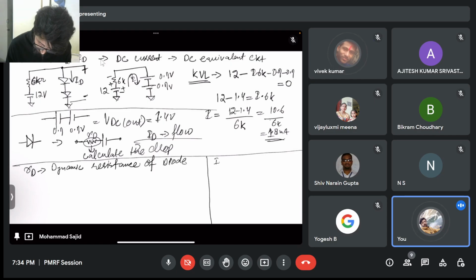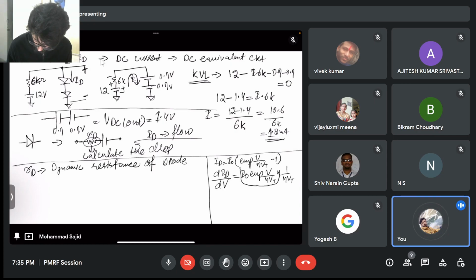So this is our diode current, ID equals IS times e to the power V by eta Vt minus 1. So I differentiate it with respect to V. Is this correct? So this is equivalent to ID.